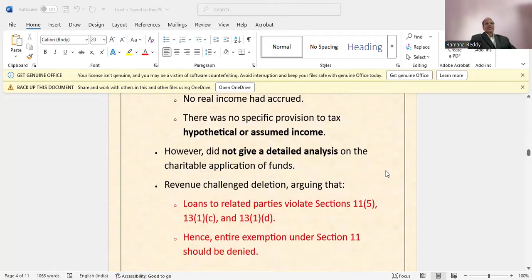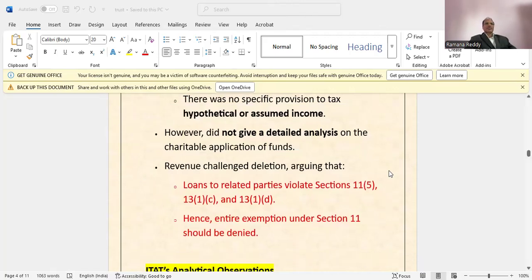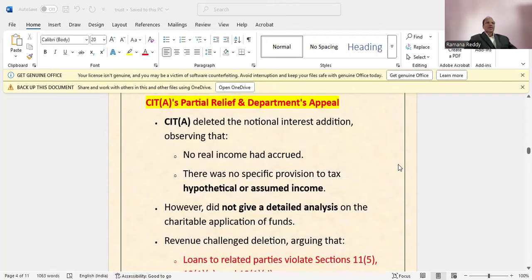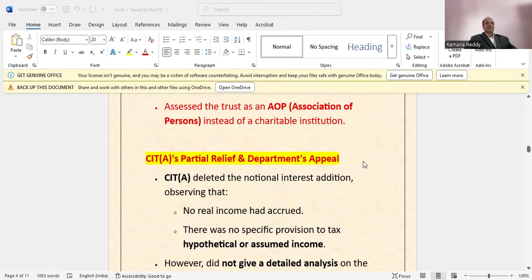However, it did not give a detailed analysis on the charitable application of funds. So the revenue challenged the deletion, arguing that loans to related parties violate Section 11(5), 13(1)(c), and 13(1)(d). Hence, the entire exemption under Section 11 should be denied. This is the CIT(A)'s partial relief and the Department's appeal.